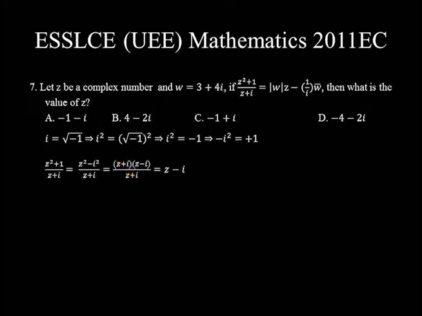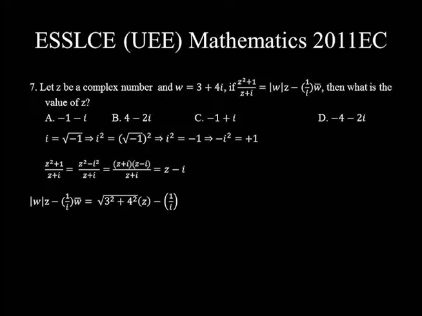To simplify the right hand side expression, the magnitude of w times z minus 1 over i times the conjugate of w is equal to the magnitude of w, which is the square root of 3 squared plus 4 squared, times z minus 1 over i times the conjugate of w. To find the conjugate of w, simply take the opposite of the sign in front of the imaginary part.